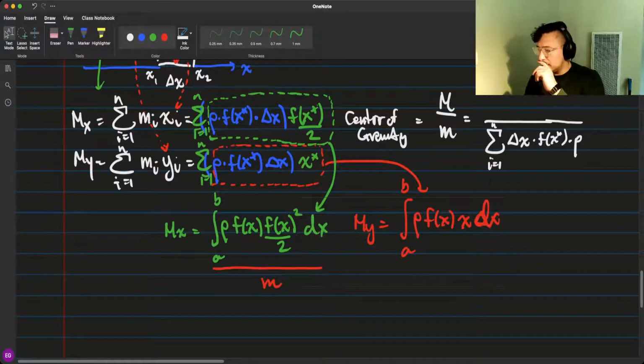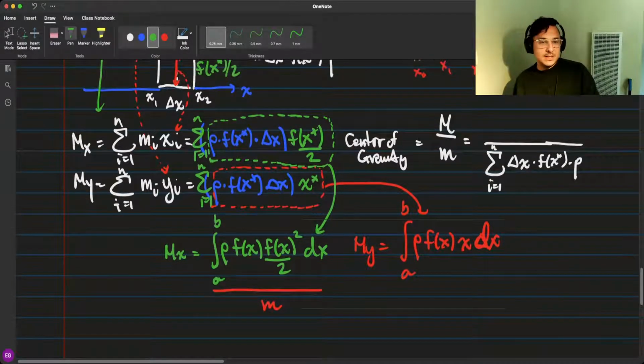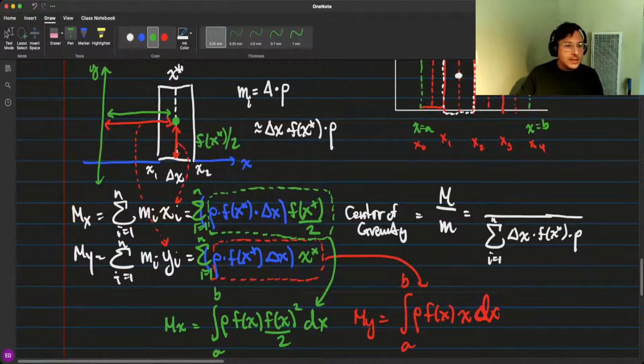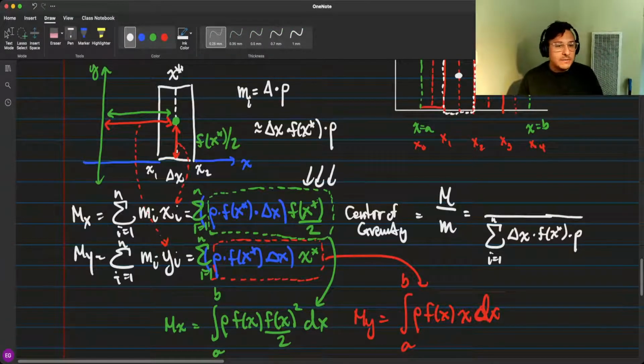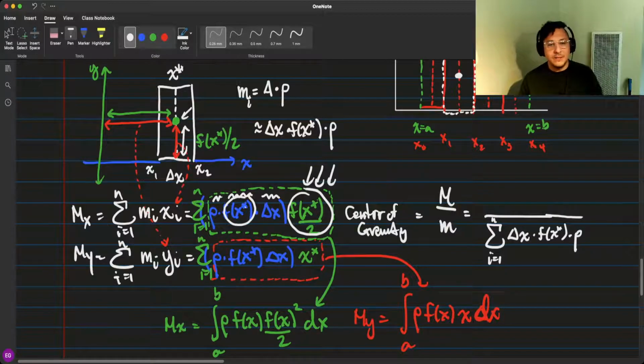There we go. So why do you square f of x in the x moment? Because when you look at the x one, which is this one, you have your mass, which has a rho, an f of x, and a delta x. And then you need to measure the distance from your point right here to the x-axis. That is a height of f of x divided by 2. So you get two f of x's, one from calculating the mass and one from your distance to the x-axis.